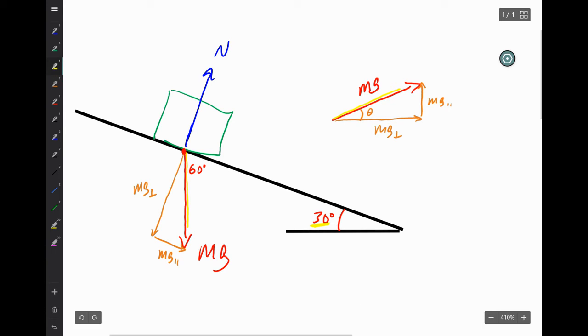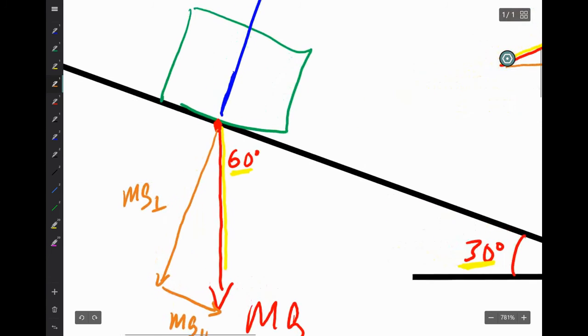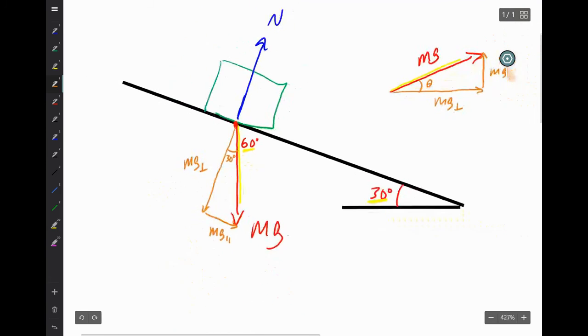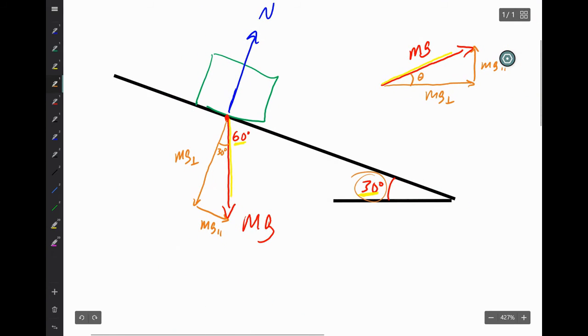Well, if we recognize that that angle is 60 and this angle here is 90, that tells us that the acute angle inside this triangle is 30 degrees. So this is something we can count on. The angle of elevation of the ramp is also going to be equal to that angle inside there. So that's a certainty, something you can depend on.